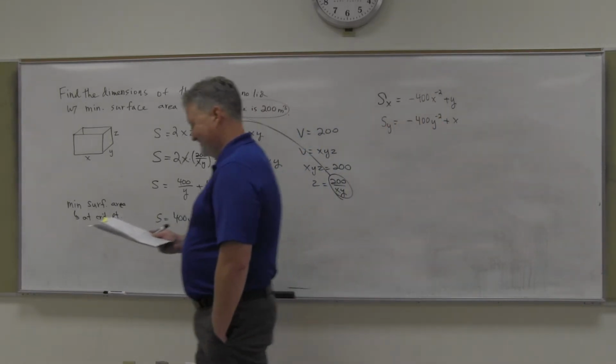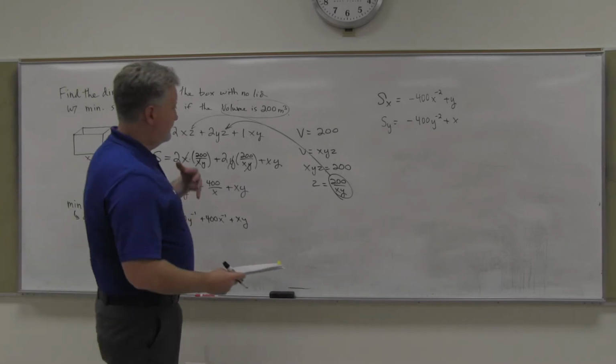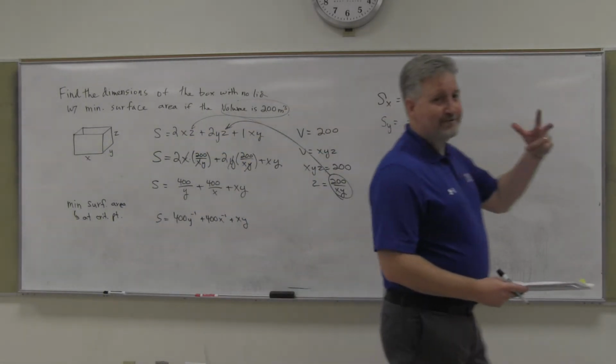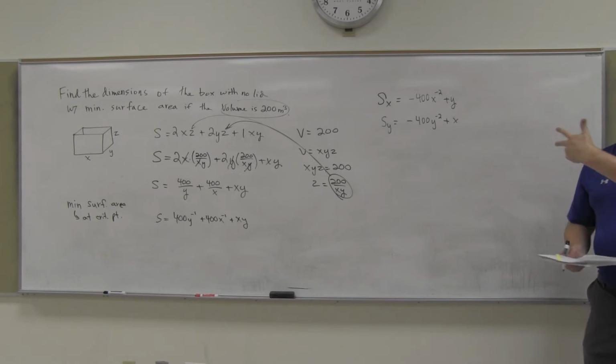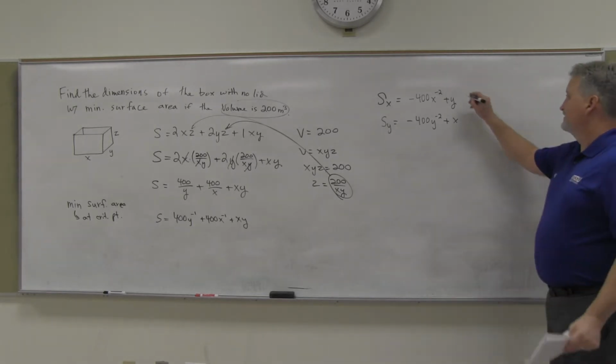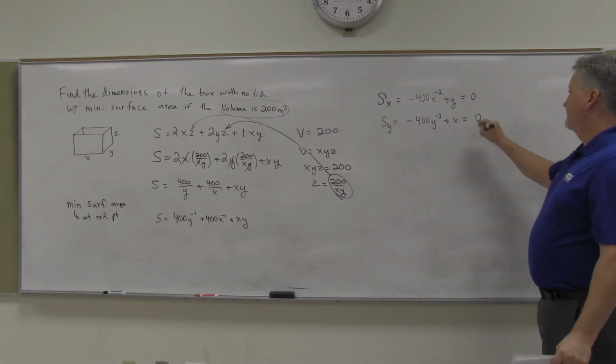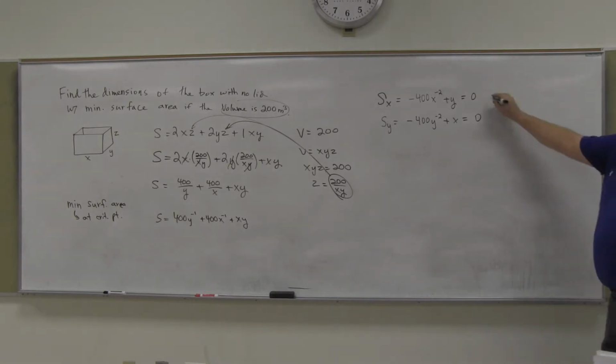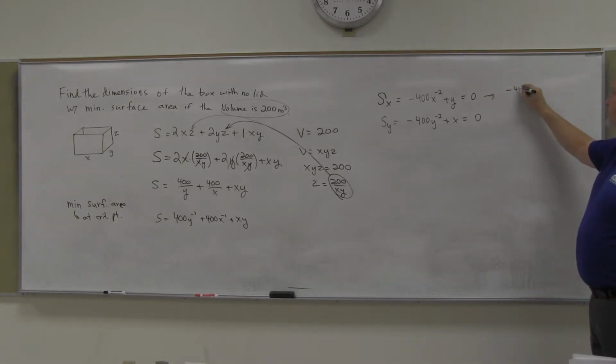Now what? Well, the critical points are where those equal 0. Or to put it another way, we have negative 400 over x squared plus y equals 0, and negative 400 over y squared plus x equals 0.